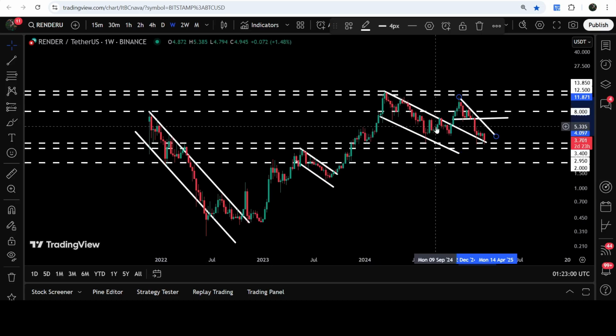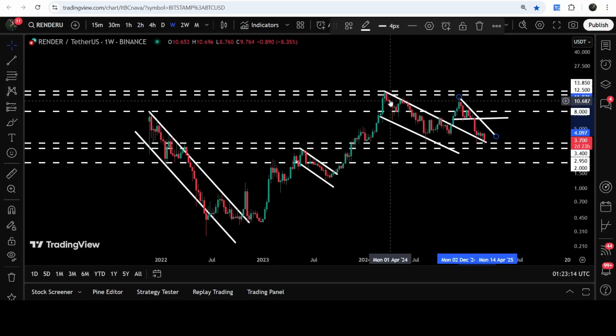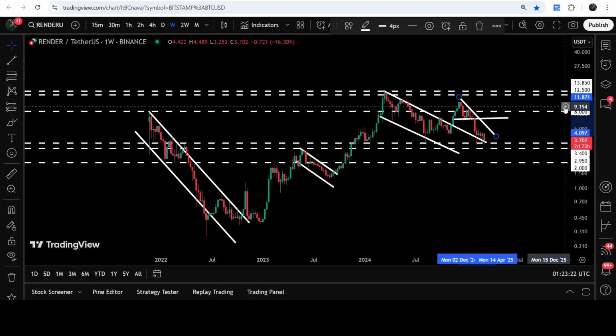But after the breakdown here, it was again flipped into resistance. And again, it can work as a very, very strong resistance. And still, there is a probability that if the price breaks out this $8 resistance, then again, it can hit the target for the breakout from this channel. And that is also a very long-term resistance line as well, that starts from $12.50 and goes to $13.85.